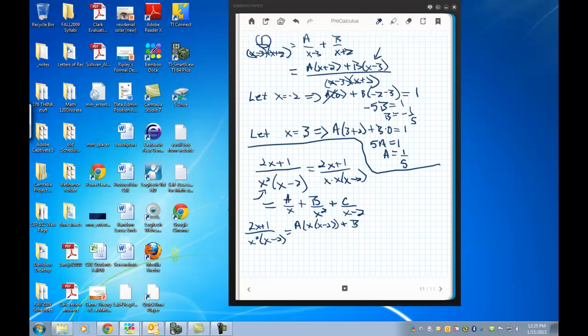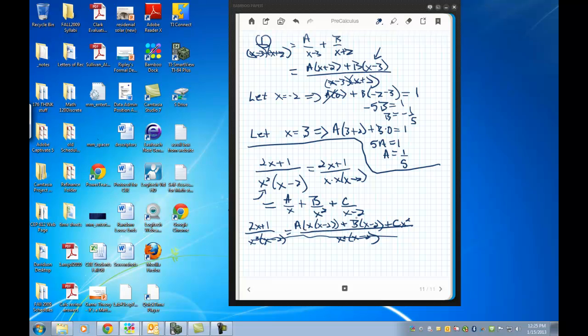Common denominator is x squared. b has an x squared under it. I need an (x - 2). So b times (x - 2). And then c has the (x - 2), but it doesn't have the x squared term, so I need to multiply by x squared. So plus c x squared, and this is all over our common denominator. Again, we make the common denominator so we can get rid of it. All right? And now we're just dealing with the top.